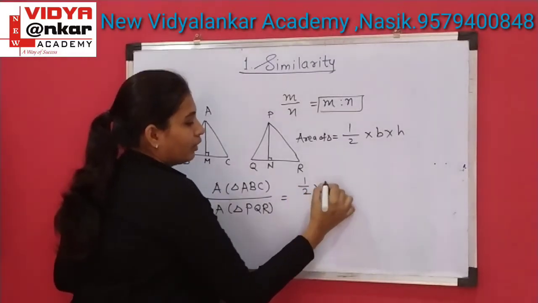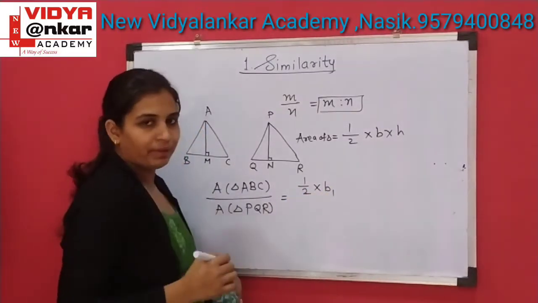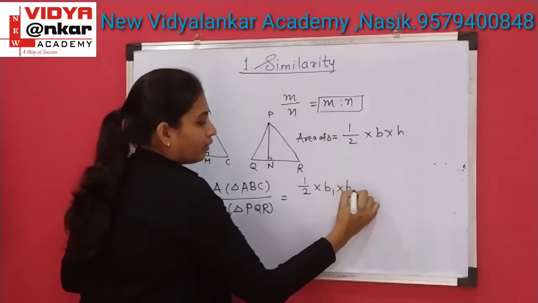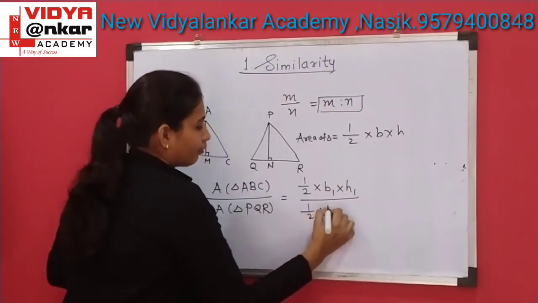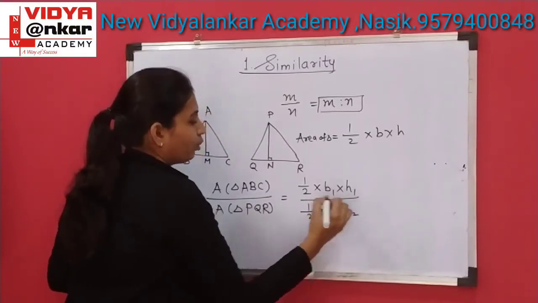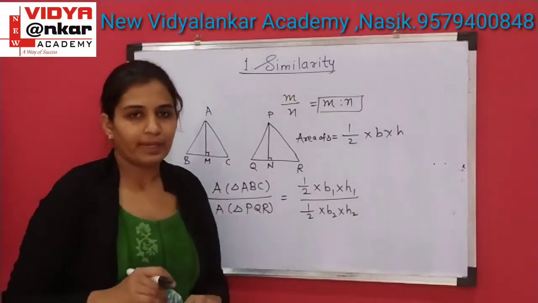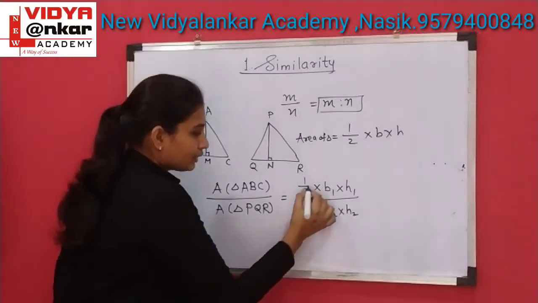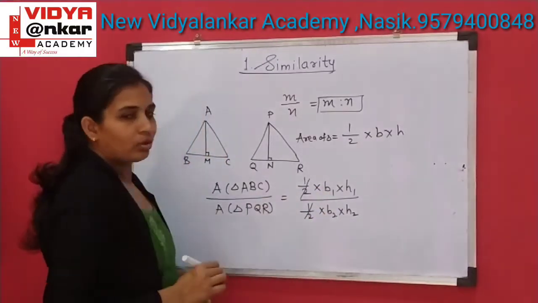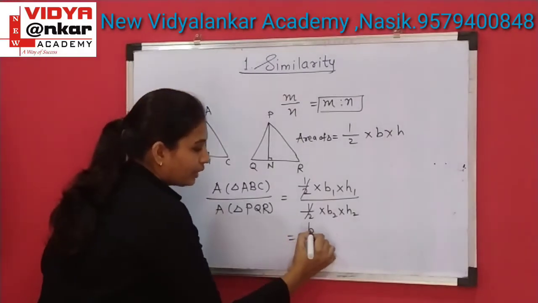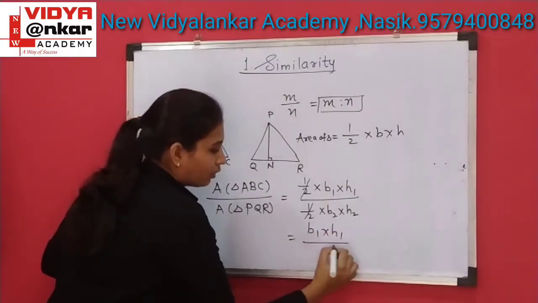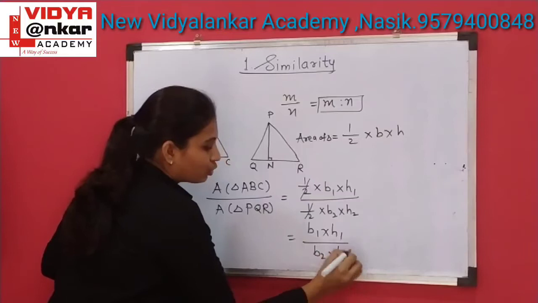1/2 will be here. Base, take it as B1. Height, take it as H1. Similarly, for the second triangle PQR, B2 into H2. Now here friends, 1/2 is common, so it will get cancelled. What remains? B1 into H1 upon B2 into H2.